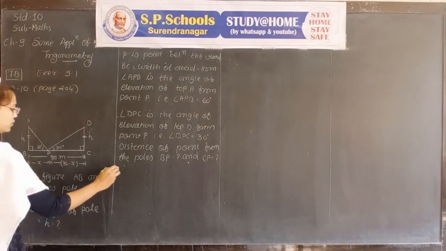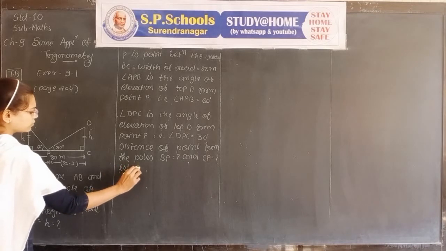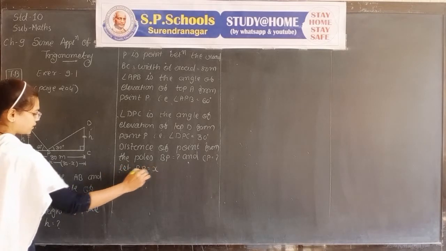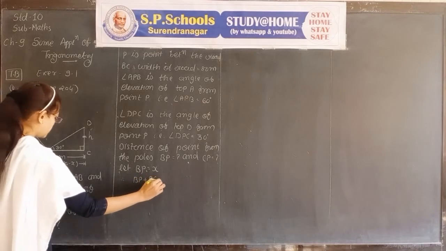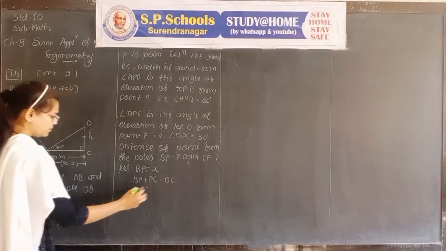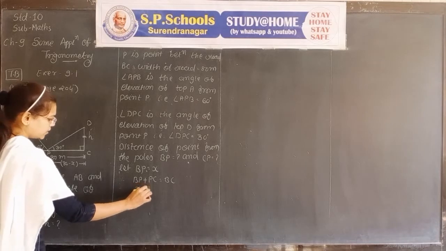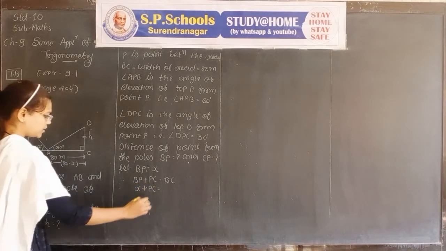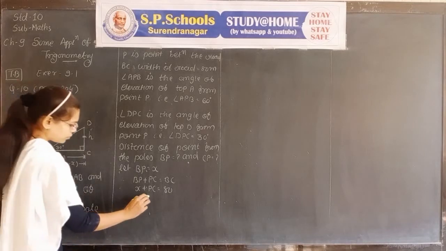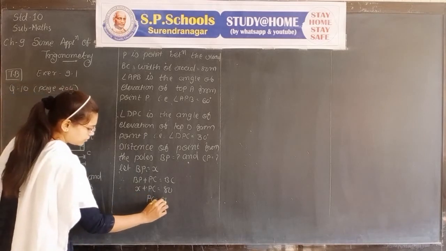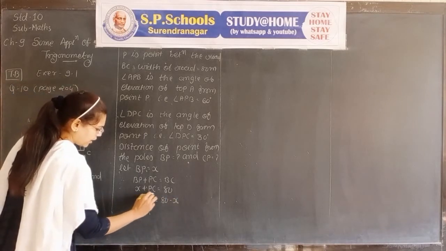Okay, assume that BP is equal to X. Therefore, BP plus PC is equal to BC. BP is X, PC as it is, and BC is equal to 80. BC is the width of road. That's why PC is equal to 80 minus X.